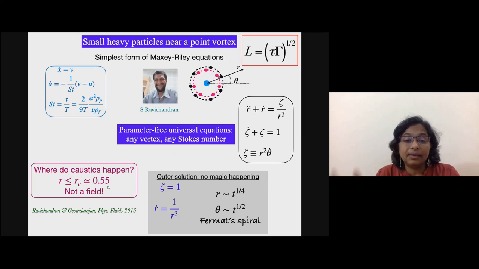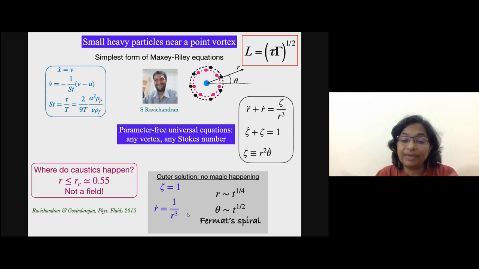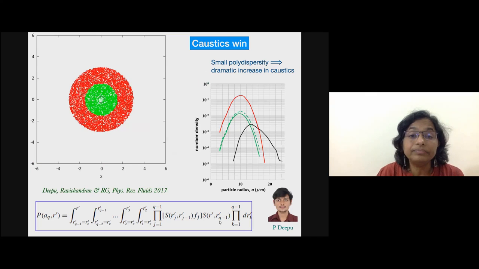Within this regime, these rings can overtake each other. Outside this regime, there is an outer solution which is very simple to solve. They just create Fermat spirals and nothing very dramatic is happening. And there the flow can be described as a field.